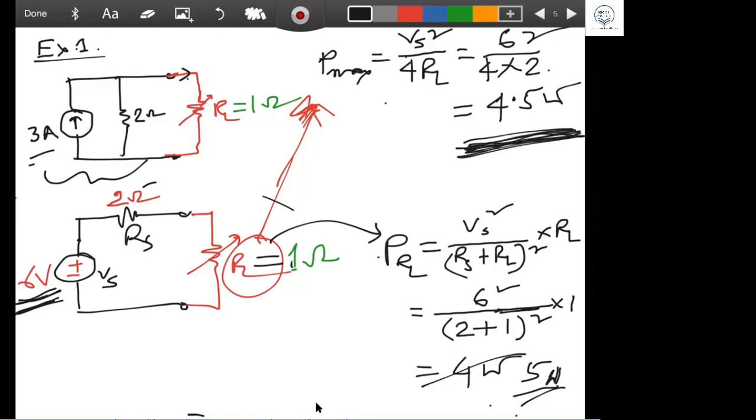Beautiful. Maximum power is 4.5 watt, so it cannot go more than 4.5 because it will exceed the maximum power. So if you get more than 4.5, your answer is wrong. You got 4 watt, which is less than 4.5, so it makes sense. Everybody got it? Yes, sir.